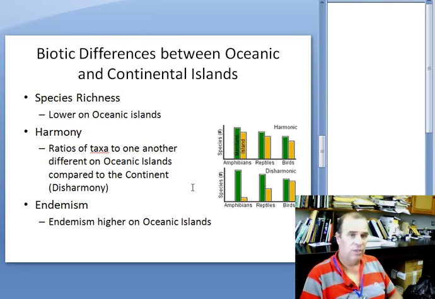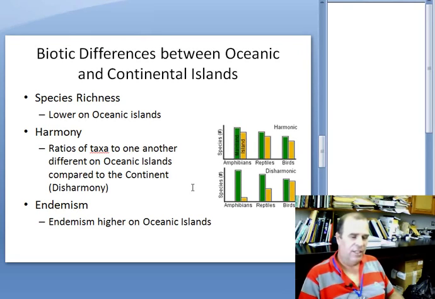The second thing in which biota differs between oceanic and continental islands is to do with the ratio of taxa to one another compared to the baseline continental proportions of species between the different taxa. And this is known as harmony.